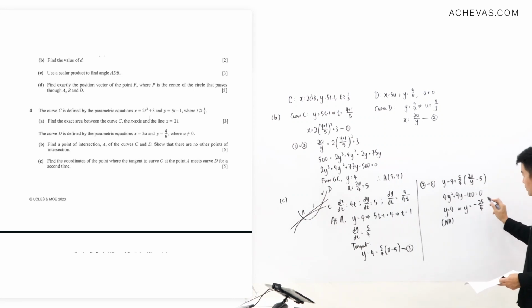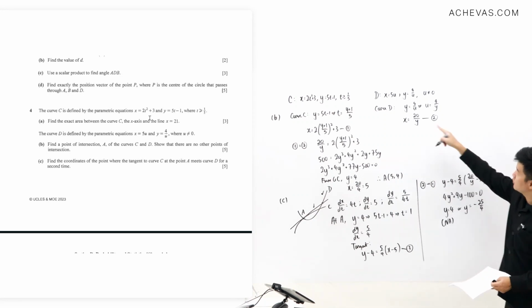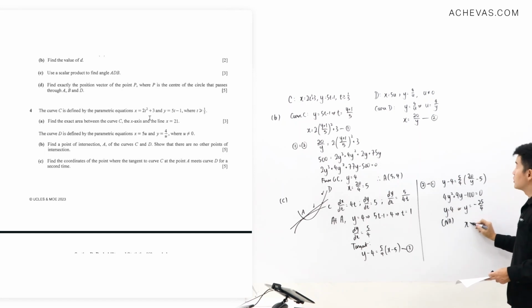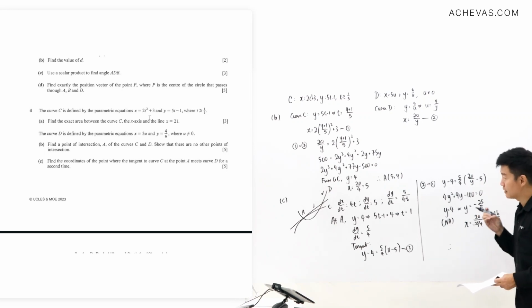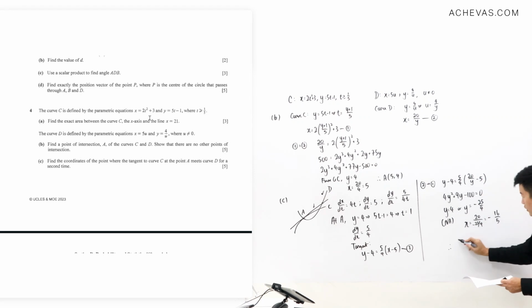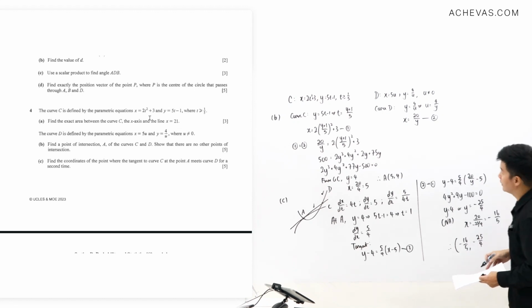When y is equal to minus 25 over 4, if I substitute this back into here, x is going to be equal to 20 over negative 25 over 4. x is going to be equal to negative 16 over 5. So the point where the tangent intersects the curve D again will have coordinates of minus 16 over 5 and minus 25 over 4.